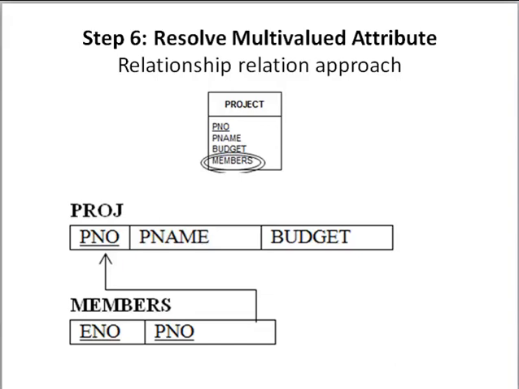So we're going to get rid of the multi-valued attribute and instead create a new relation. And in that relation, we're going to add a foreign key that points back to the relation. Here's project number.